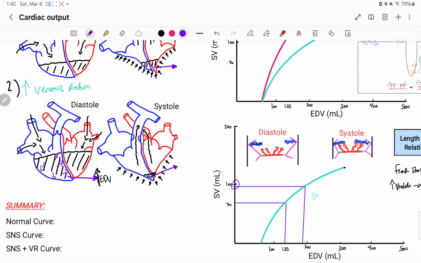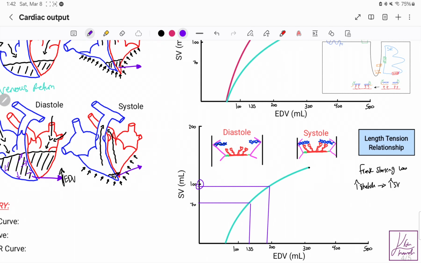So that's intriguing, okay? At a higher end diastolic volume, I ended up getting a higher stroke volume. Why? Because a higher end diastolic volume stretches the walls of the myocytes to increase stroke volume. But there's actually more to this.